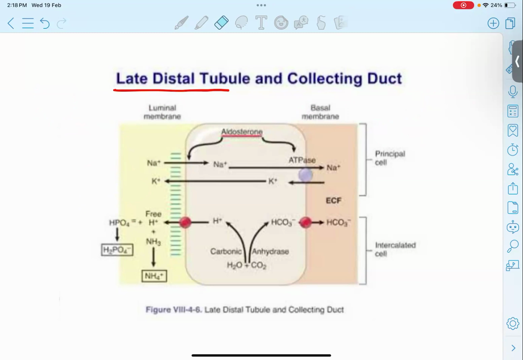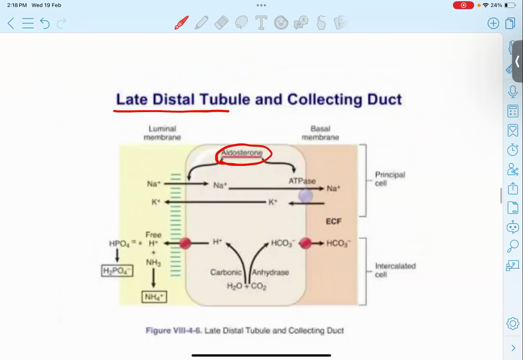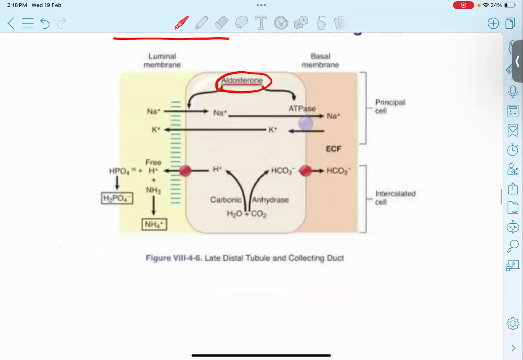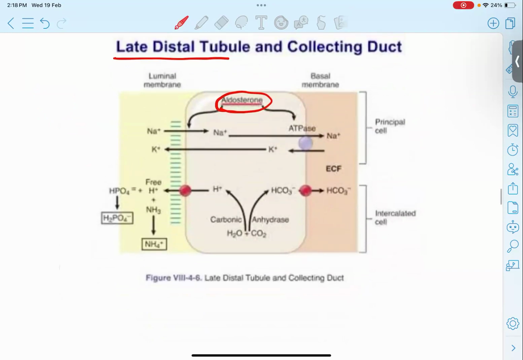So how does this aldosterone work? First of all, in the basolateral membrane, there is a sodium potassium ATPase pump right here. The function of this sodium potassium ATPase pump is sodium reabsorption. Here you can see that the sodium is going this way.